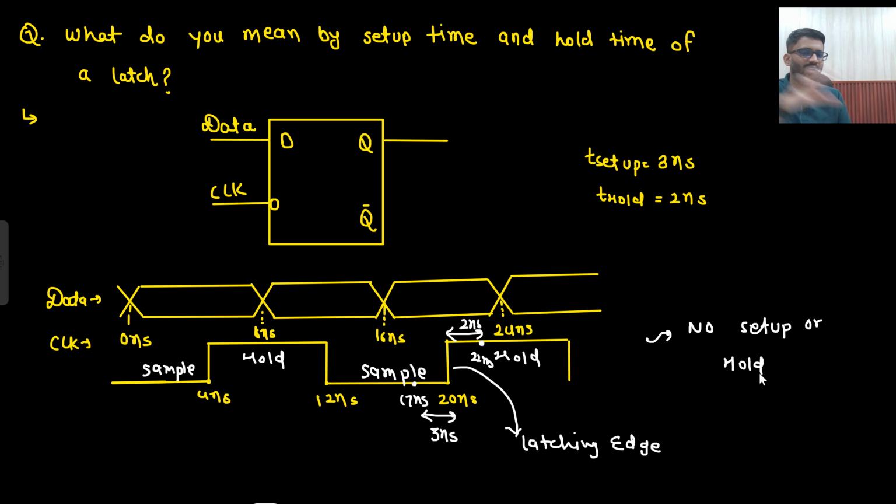There will be no numerical question from this particular topic, just a simple fact they can ask. Sometimes, if they want to test your deeper knowledge, they can ask what you mean by setup time and hold time of a latch. You just need to tell this definition, or simply draw the diagram and say that it will look back and look ahead, and it should be stable for the given time.